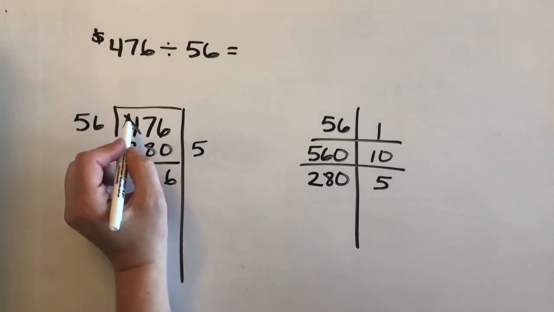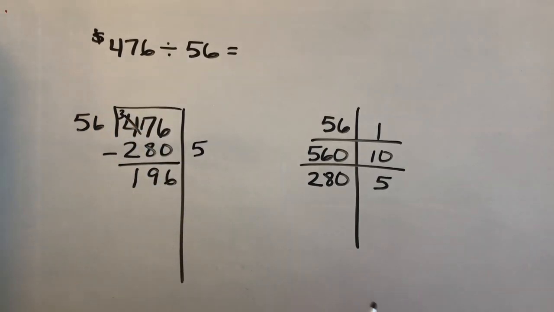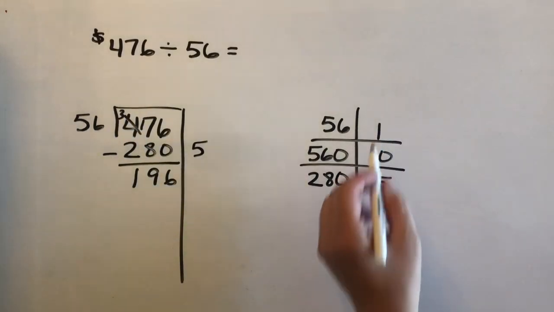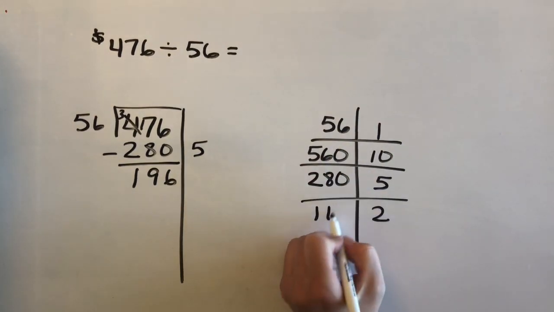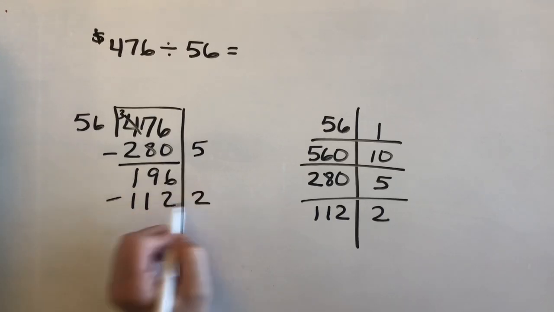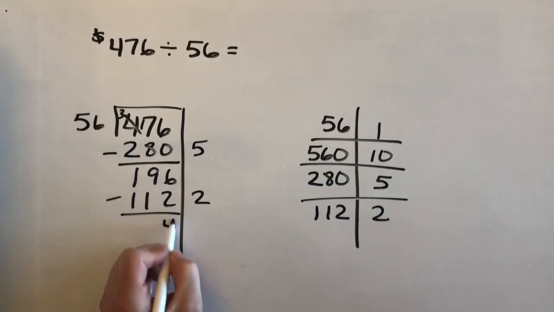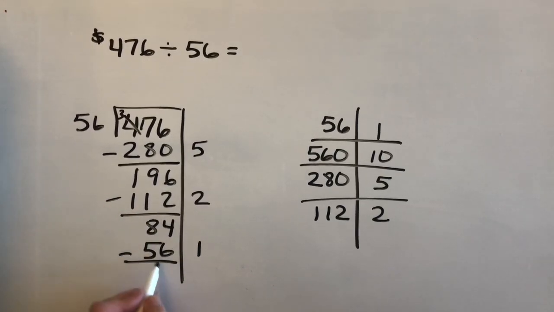And if I subtract, I got 196 left. So maybe if I double 56, it'd be 112. So if I do 2 groups of 56, I get 84 left. That means I can do 1 more group of 56.